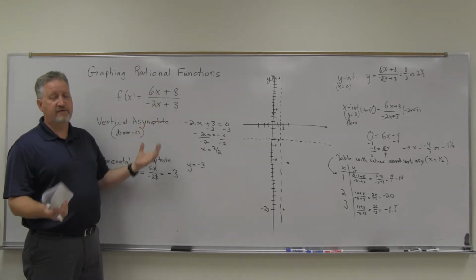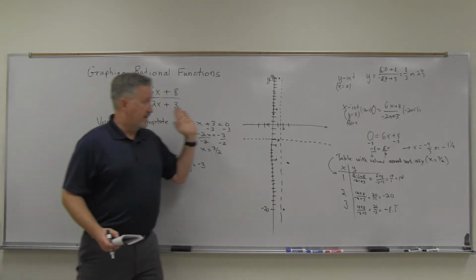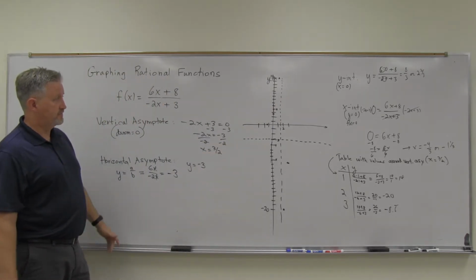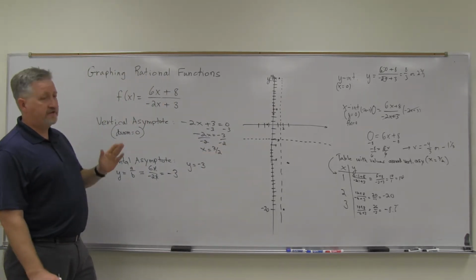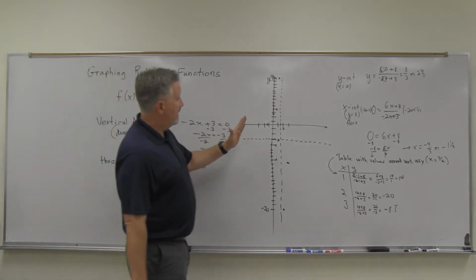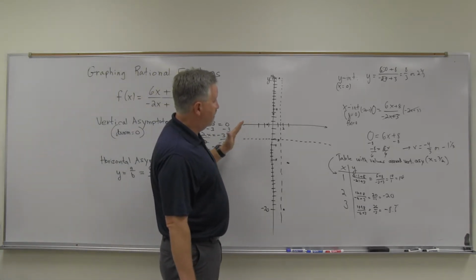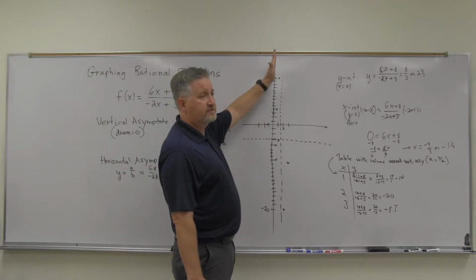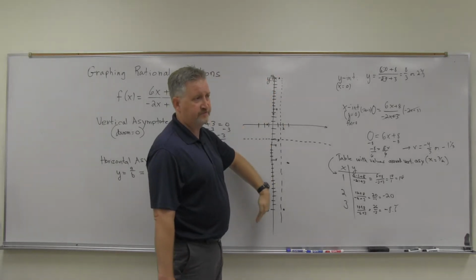Something over 0, that's not a number. So my graph is not going to cross that vertical line, and so one of the reasons we draw it in. The other thing we saw was what happens as I approach one side or the other of the vertical asymptote, it either goes up towards the vertical asymptote or it goes down towards it.